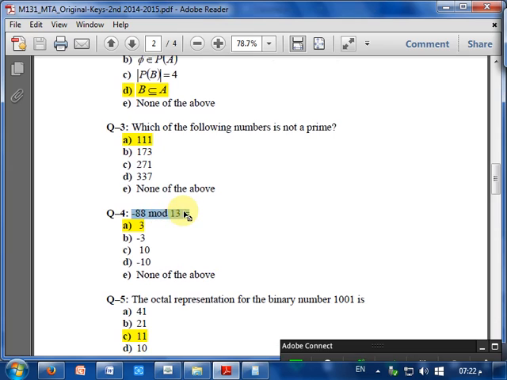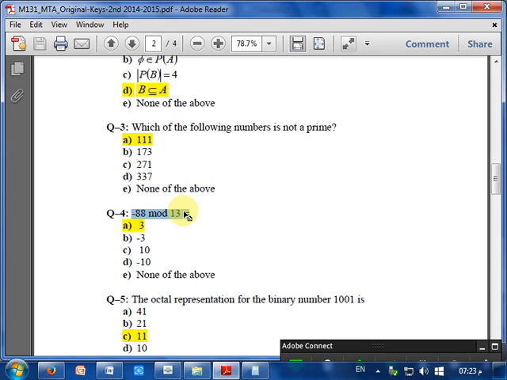Minus 88 mod 13. A remainder. Mod. Use a scientific calculator.